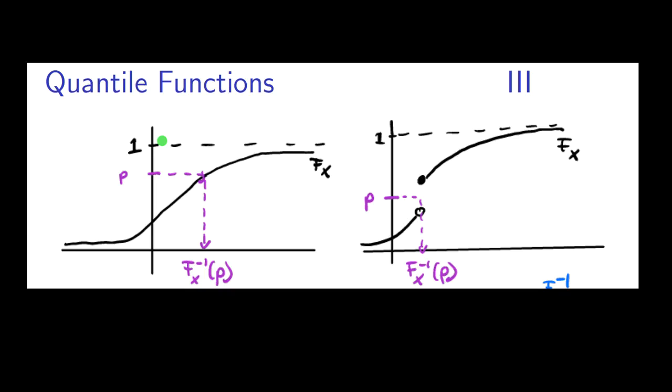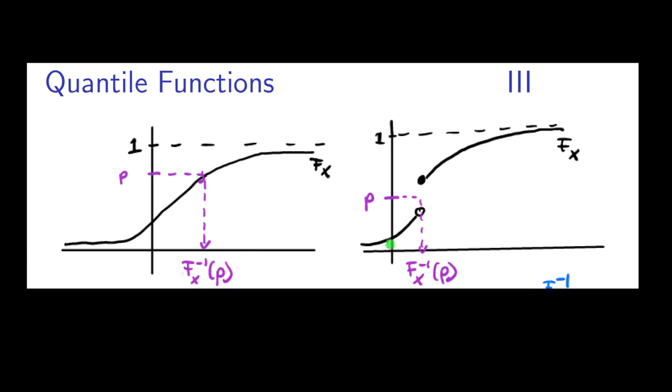In this case, the CDF is strictly increasing and continuous. And if we would like to compute the quantile function at the point P, then it's the point where the CDF hits the level P. In other words, this value here is the quantile function evaluated at the point P.